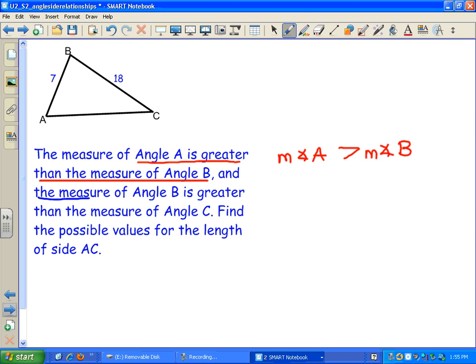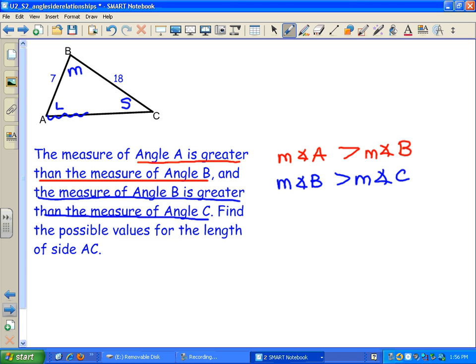It says the measure of angle B is greater than the measure of angle C. So it appears that angle A is the largest, so I'm just going to put an L so I know it's the largest. And angle C is going to be the smallest, which means angle B is kind of in the middle.